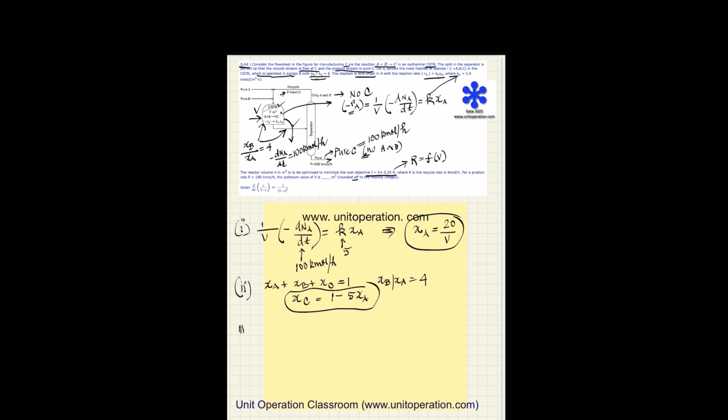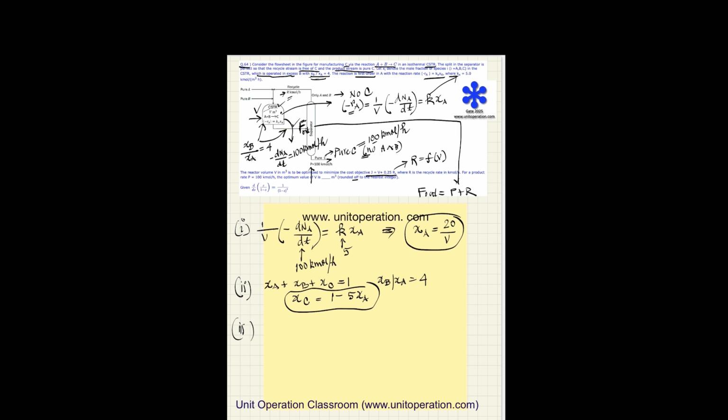Now, what's the third one? Let's call the stream coming out of the reactor F out. F out must be equal to P plus R, where P is the 100 moles of C coming out and R is the recycle stream.